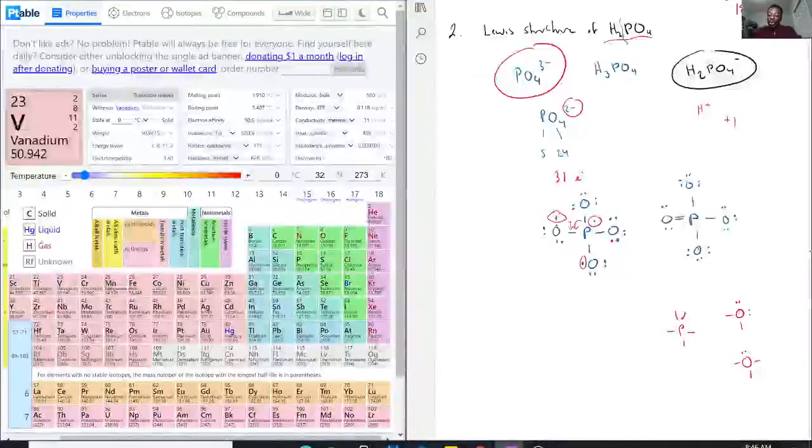In order to do that, they would have had to get rid of the bond and add the lone pair, so they take a step into a negative formal charge. That is a -1 formal charge for oxygen. So each of these 3 oxygens has -1 because they have 3 lone pairs and 1 bond.